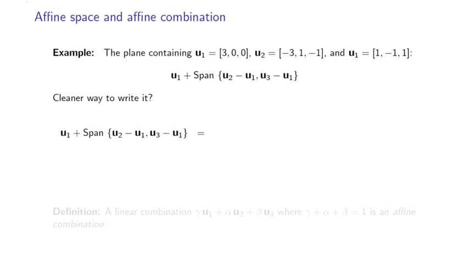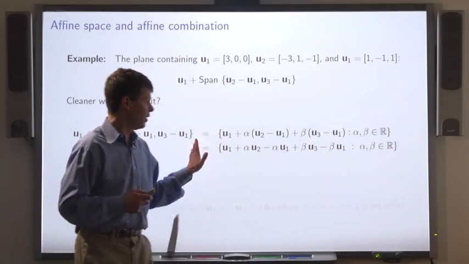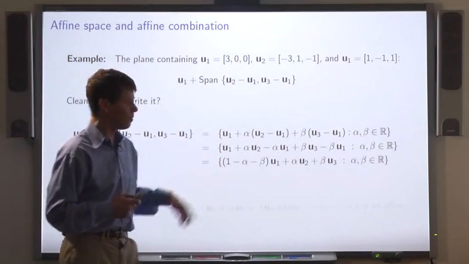Let's rewrite the u1 plus span of u2 minus u1, u3 minus u1. This is the set of all vectors u1 plus alpha times u2 minus u1 plus beta times u3 minus u1, where alpha and beta range over all real numbers. We can use the distributive law and then gather like terms.